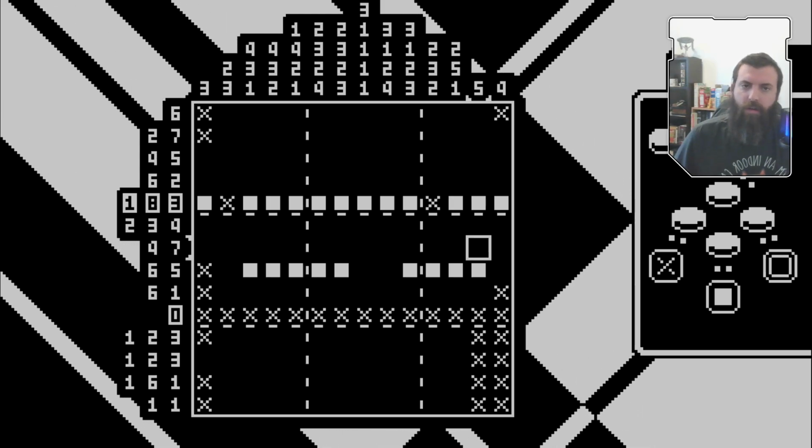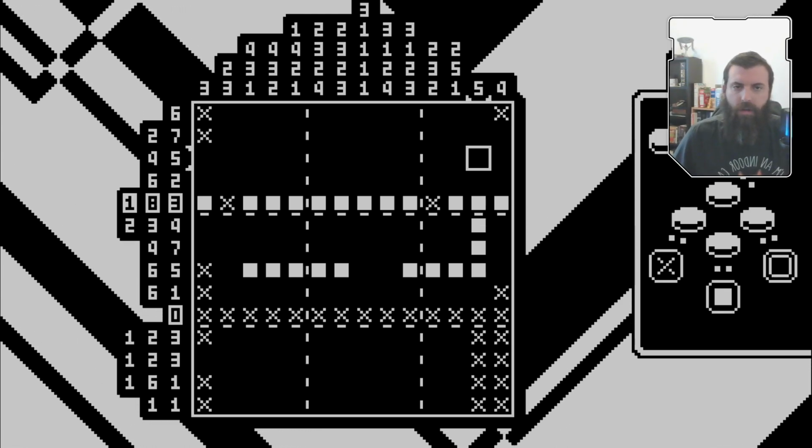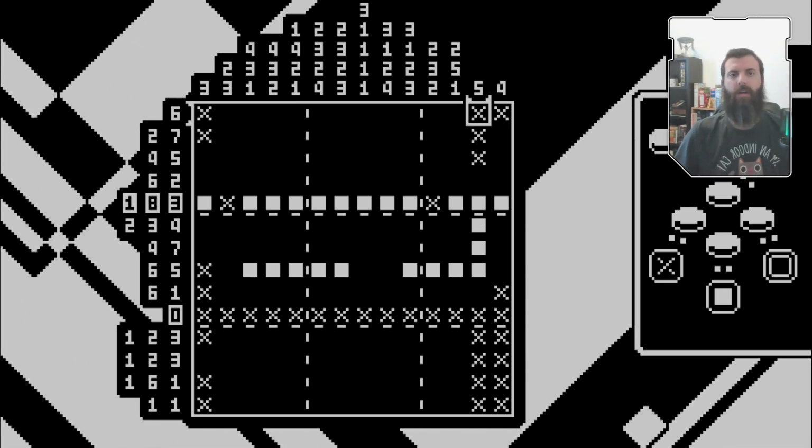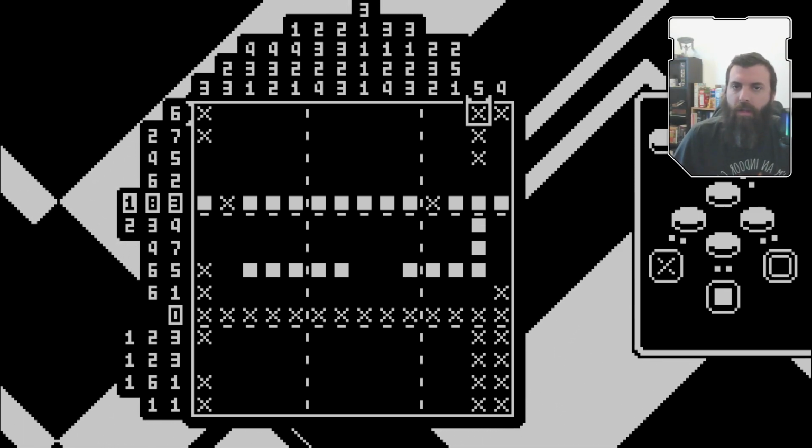With this pixel here, there's just the 1, 5 column, so got 4 out of 5 filled in. Really helps it.